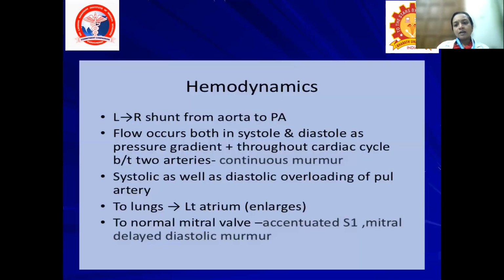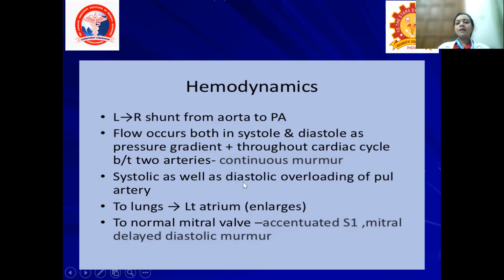Before we go on to the clinical manifestations, we should know the hemodynamics. In patent ductus arteriosus, we have a left to right shunt from the aorta to the pulmonary artery. The flow occurs both in systole as well as in diastole, as the pressure gradient is always higher in the aorta than in the pulmonary artery throughout the cardiac cycle, and thereby this results in a continuous murmur.